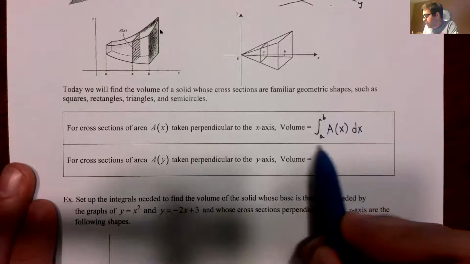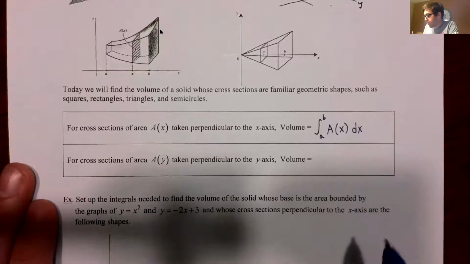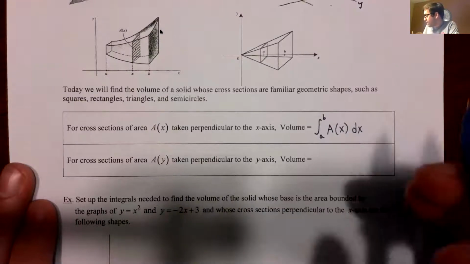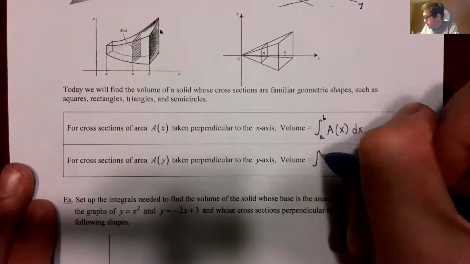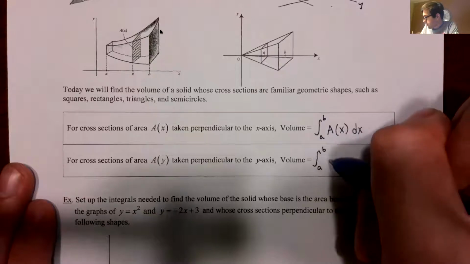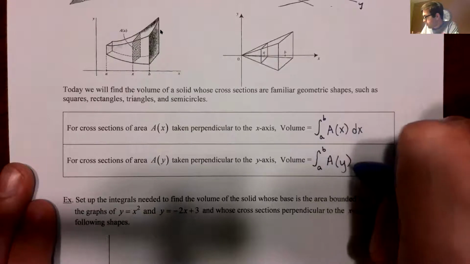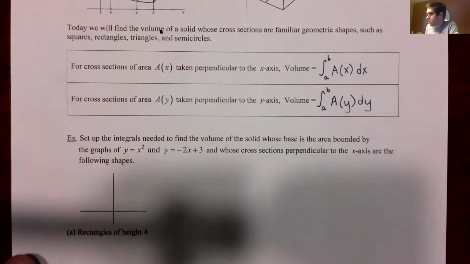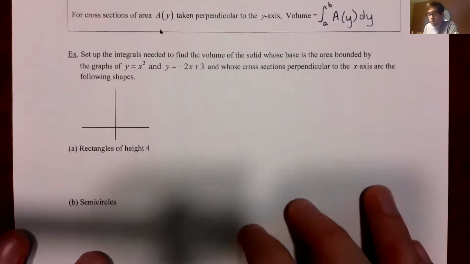We combine it in the integral to turn it into volume. But we can also do cross sections taken perpendicular to the y-axis, just like we could with the area between curves, and it's going to look very similar, just with y's instead of x's. Okay? All right, so let's see what this actually looks like down here in the first example.